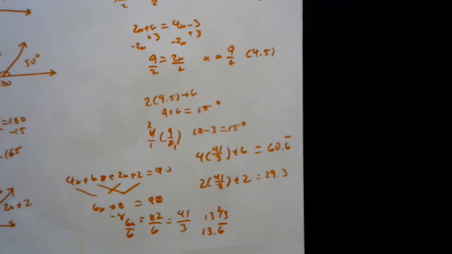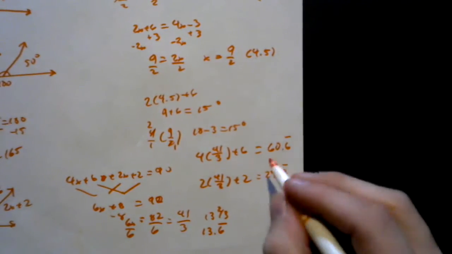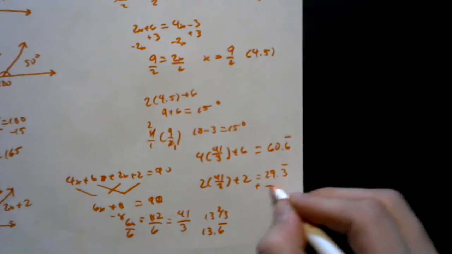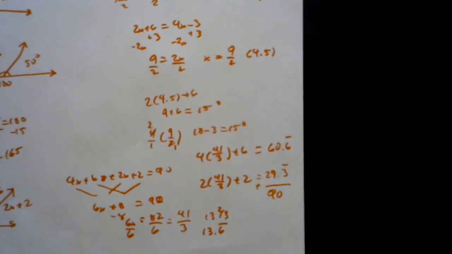If you add all this together, it will technically round up to 90. So you have 60.666 repeating plus 29.3 repeating, which if you add both of these together, you get 90.